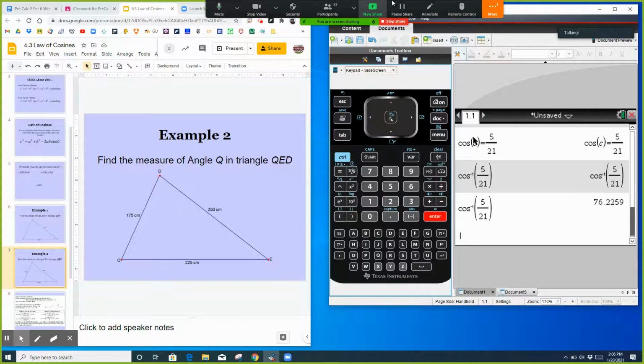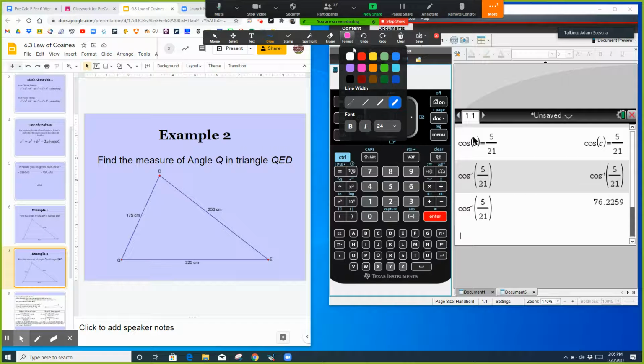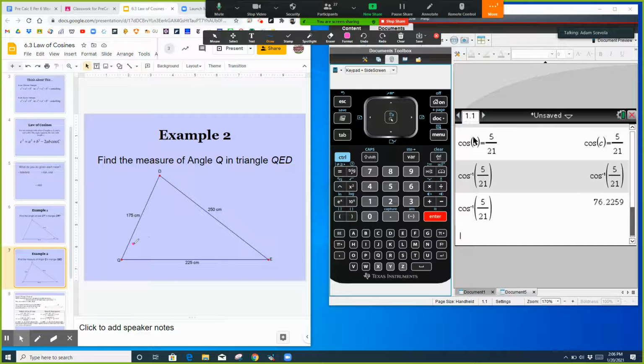Now, you may be thinking, why do you have to use it twice? Let's say this angle was 76 degrees. That's what we just found out, I'm rounding. Can't we use the law of sines to find angle D? We know this angle, we know this side, we know this side, and we're looking for this angle. Would the law of sines work?